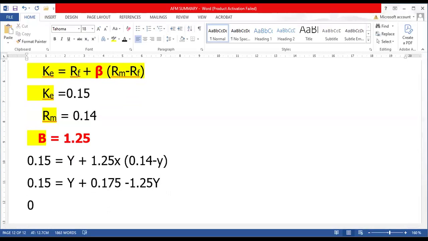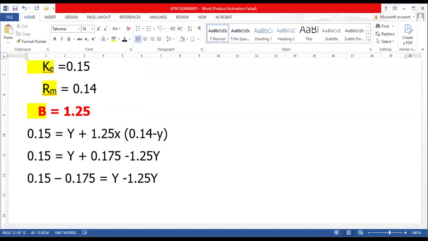Now correct like terms. This will be 0.15. You take this one to the left side, it becomes negative, minus 0.175 is equal to Y minus 1.25Y. Okay? 0.15 minus 0.175, what do you get?